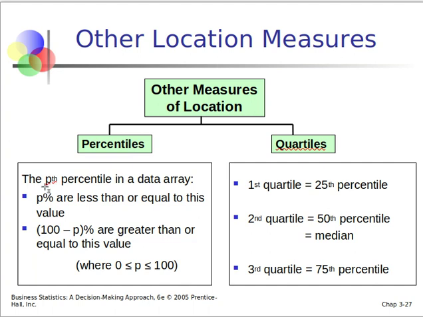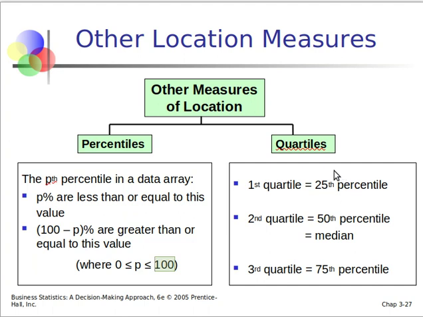If your data is sorted and stored in an array, the pth percentile is a value such that P% of the values are less than or equal to this value, and (100 minus P)% are greater than or equal to this value, where P is greater than or equal to 0 but less than or equal to 100.